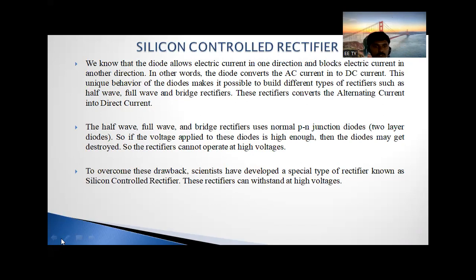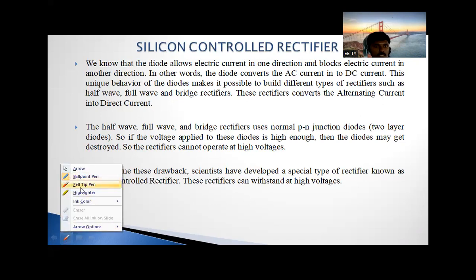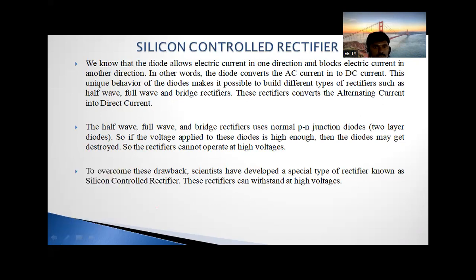Okay, so the diode will allow the current in only one direction, and it will block the current in the reverse direction.